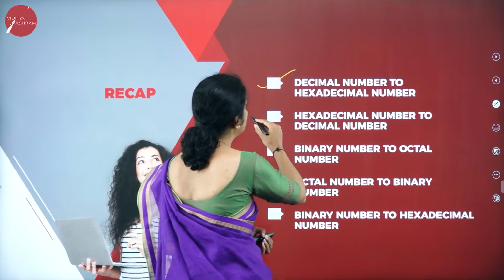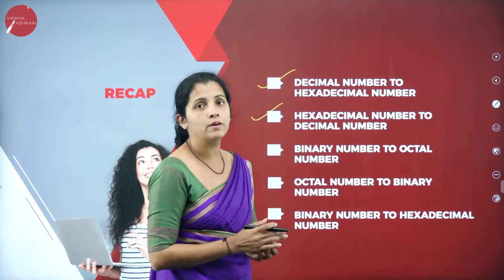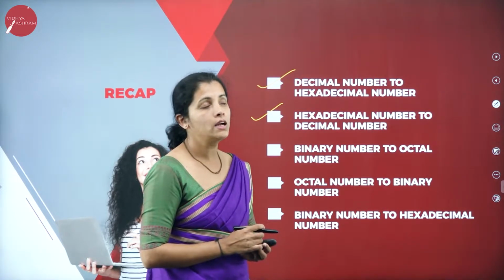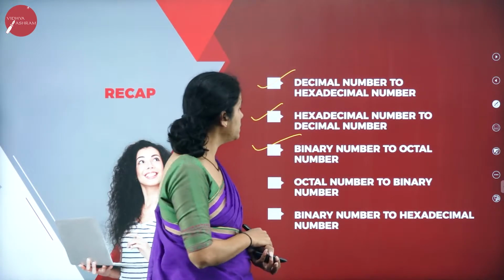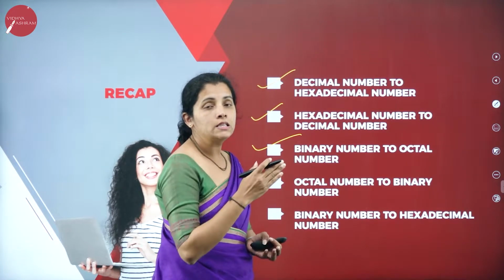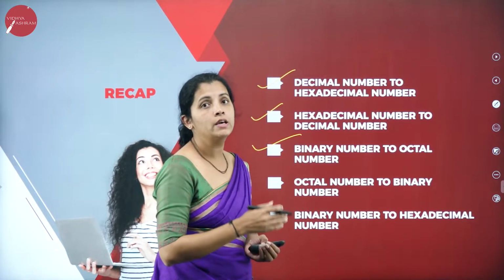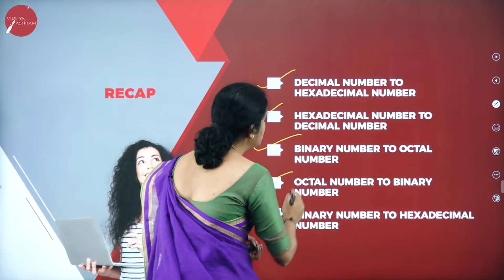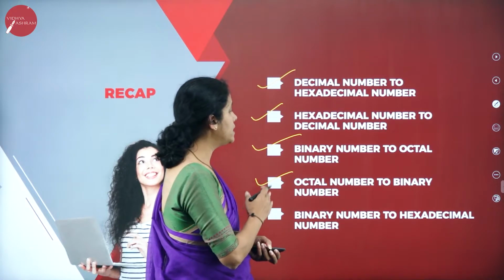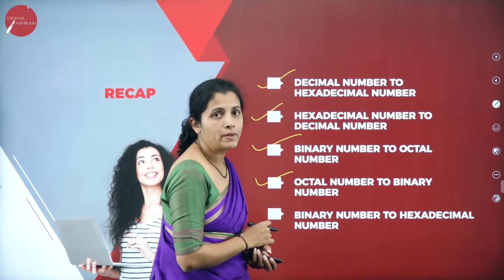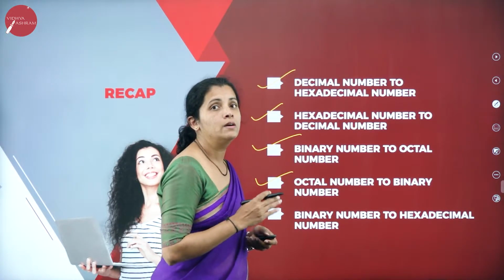Then we discussed how to convert hexadecimal numbers to decimal numbers, and binary numbers to octal numbers along with the rules. Then we discussed how to convert octal numbers to binary numbers and binary numbers to hexadecimal numbers. Along with the rules, we solved some example problems.